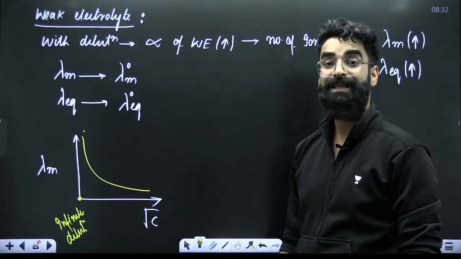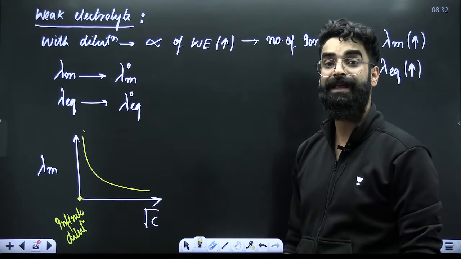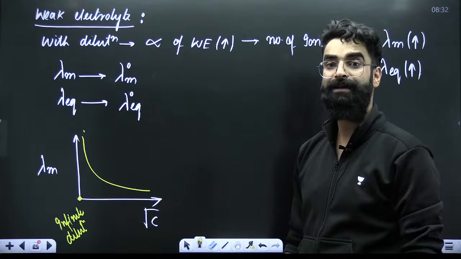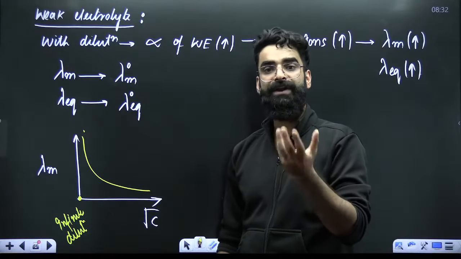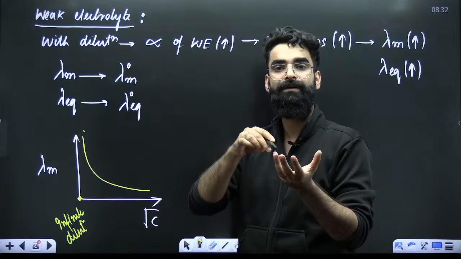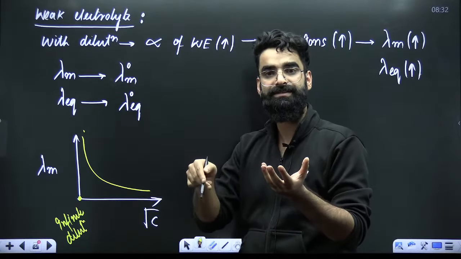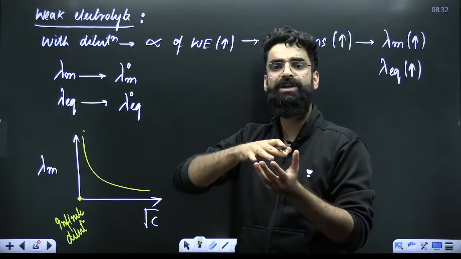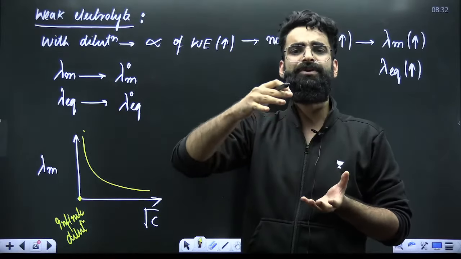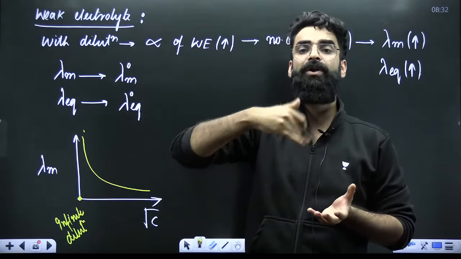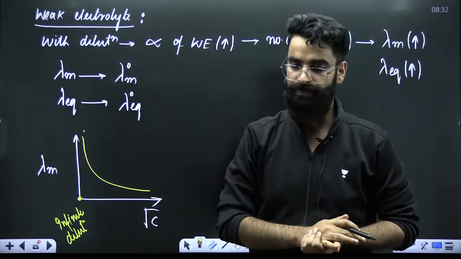That means the degree of ionization of the weak electrolyte, what is happening to that? Or let me make it simple. I told you, when you do the dilution of the weak electrolyte, the number of ions in the container increases, right? Due to dilution, the volume of the solution increases. So in short, when the volume of the solution keeps on increasing with dilution, the number of ions in the solution keeps on increasing, right?